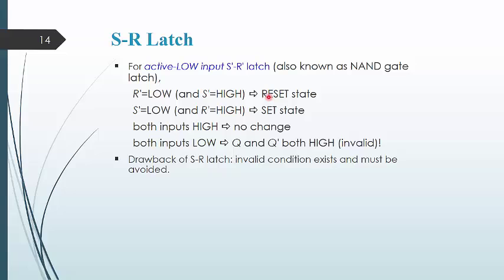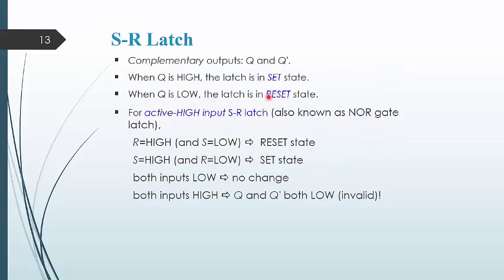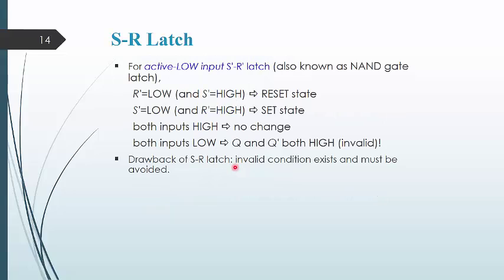In the same way, to get the set state, as compared to this, the S value should be low and the R value should be high. And that's why here you can see that the R dash value is high and the S dash value is low. This obtains the set mode of operation for that given latch.